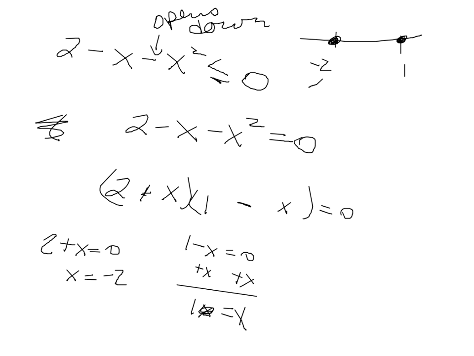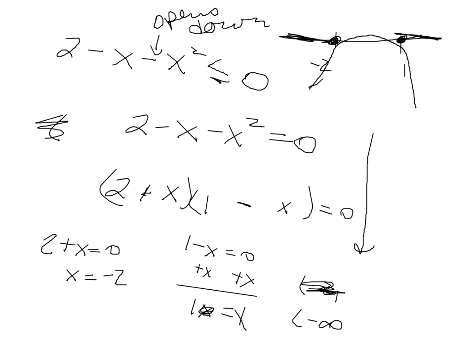So it goes like this, and the part where the graph is negative is to the left of minus 2 and to the right of 1. So I would write my solution as minus infinity up to minus 2, square bracket, union 1 to positive infinity. And that would be my answer in interval notation.